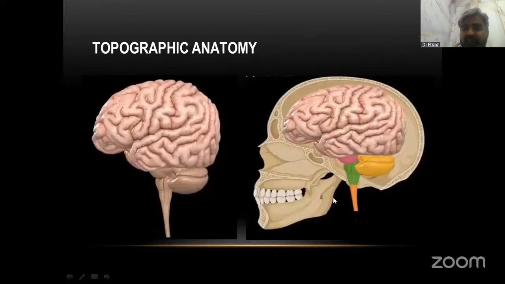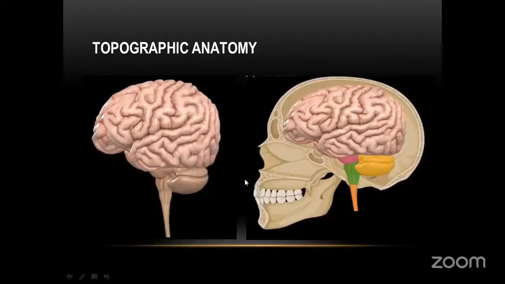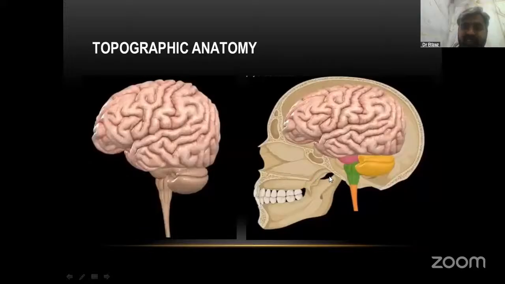Anteriorly, the lower part of the medulla also has a relation with the odontoid process. That's why, when we go for the transoral approach, there is some part we can touch. The anterior part can be approached from here also. So this is the overview of it.